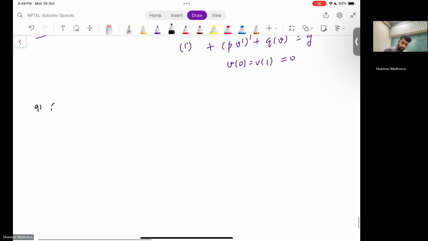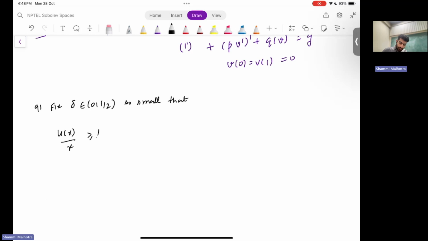So next part, fix delta in (0, 1/2) so small that u of x divided by x is greater than or equal to half times u dash 0 for all x in (0, delta), and u of x divided by 1 minus x is greater than or equal to half times mod of u dash 1.